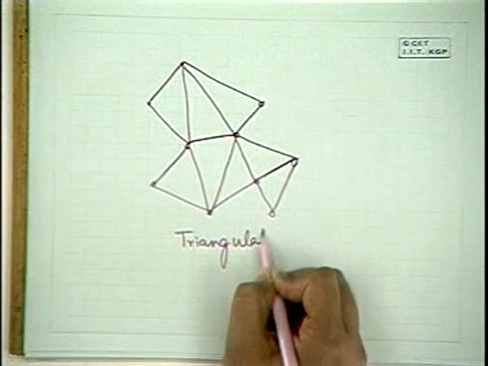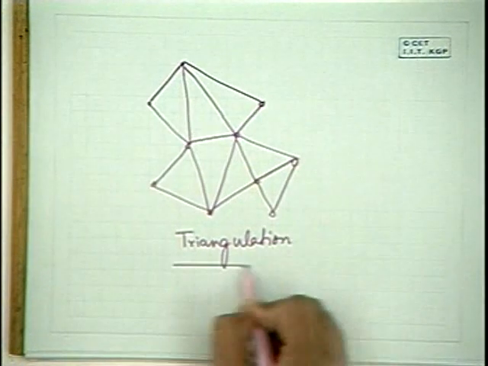Now the first question is, is it always possible that a polygon can be triangulated all the time? That's the first question which comes to mind, right? So given any arbitrary polygon, what is the guarantee that you should be able to draw such edges such that the interior of the polygon is broken up into triangles?